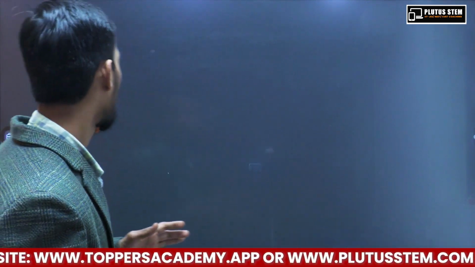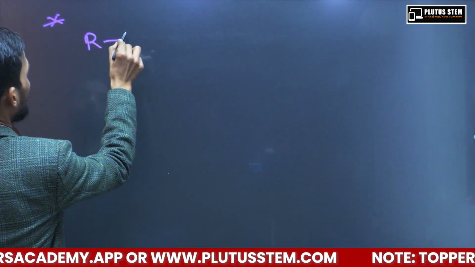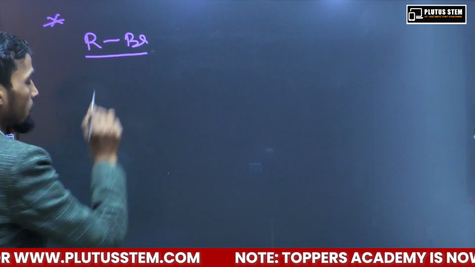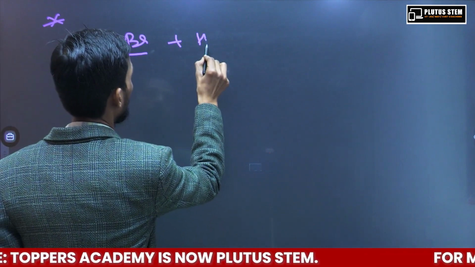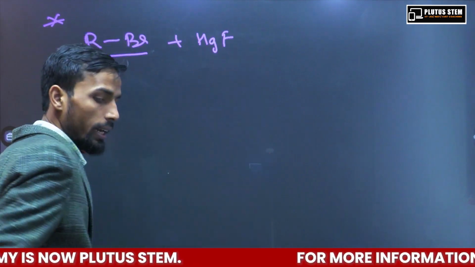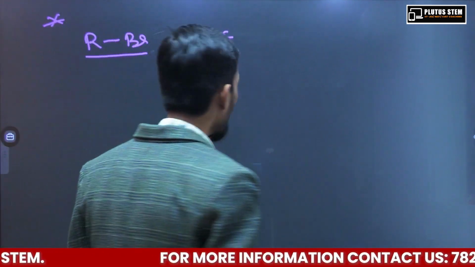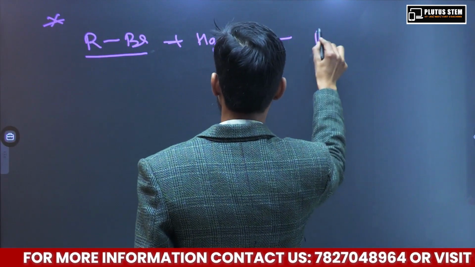The one reaction which I am going to discuss is this RBr, a halogen compound. When it reacts with HgF, what are we going to get over here?